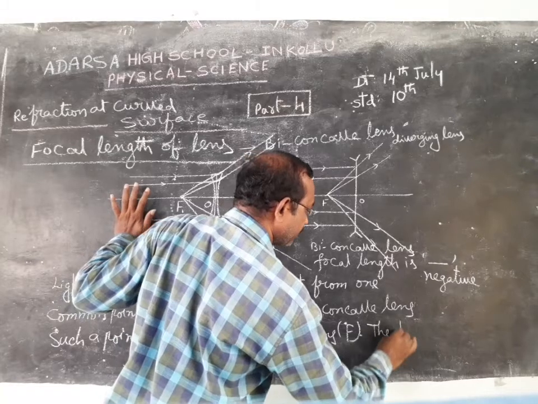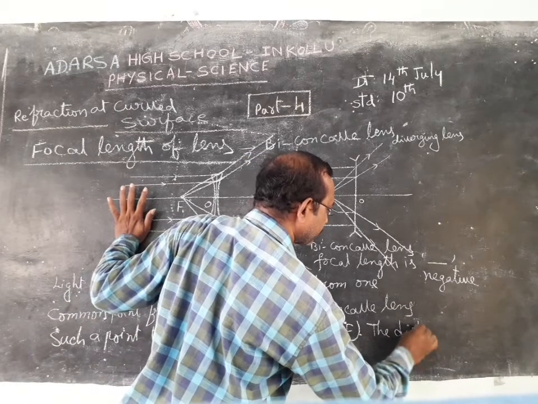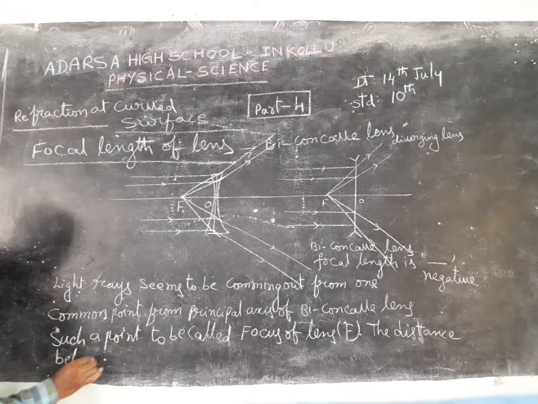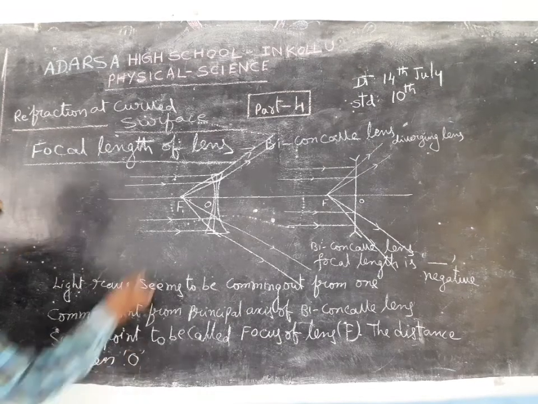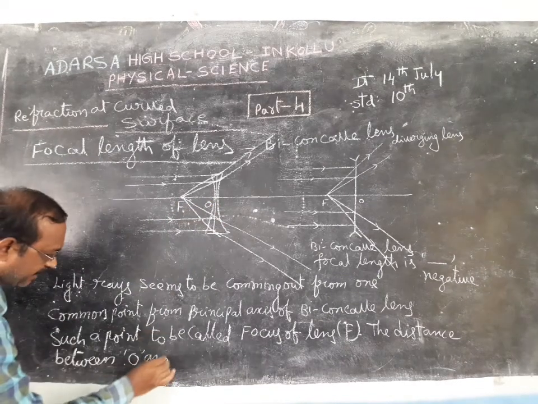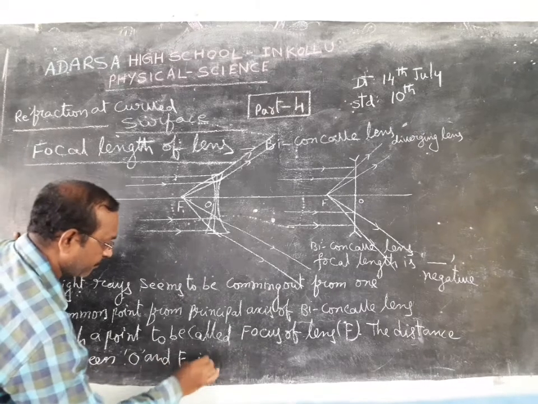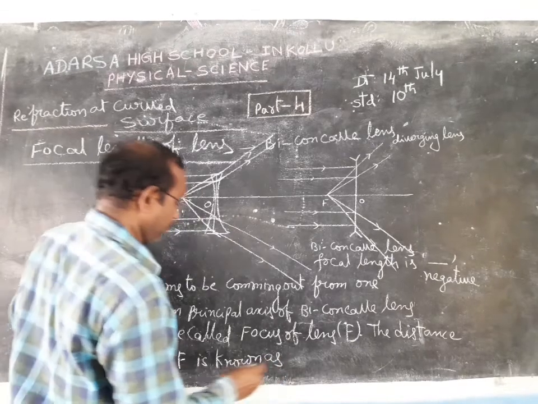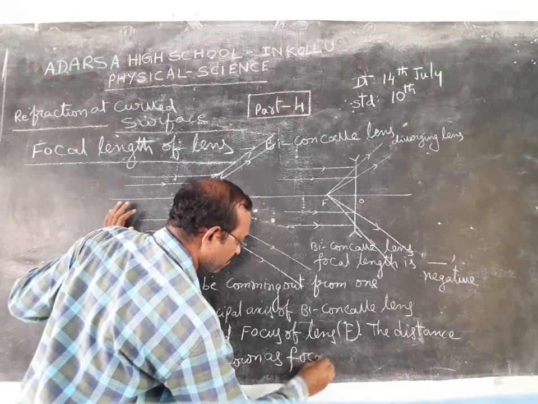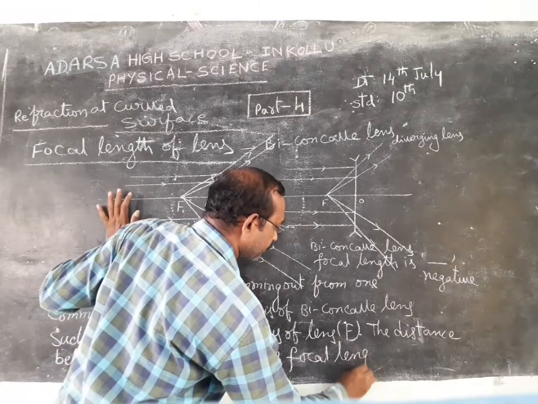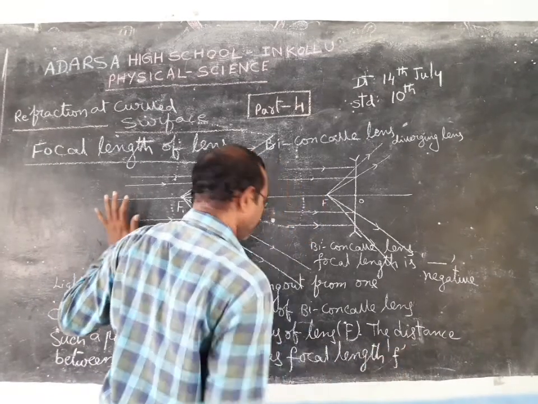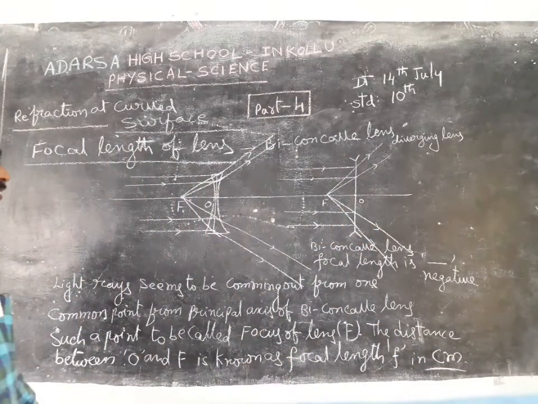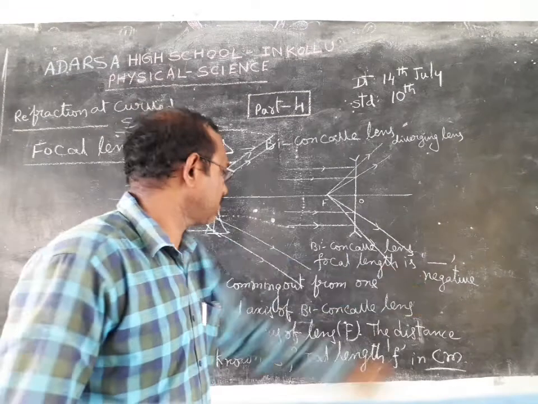The distance between O and F is known as the focal length, measured in centimeters. Its focal length is negative.